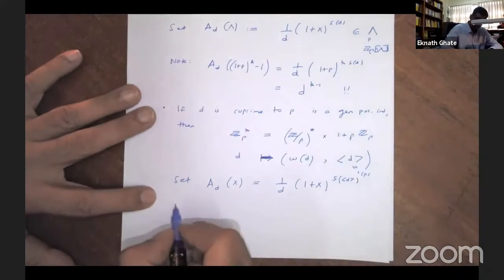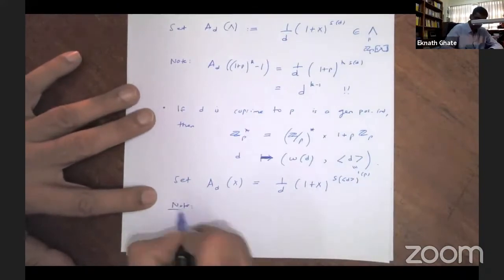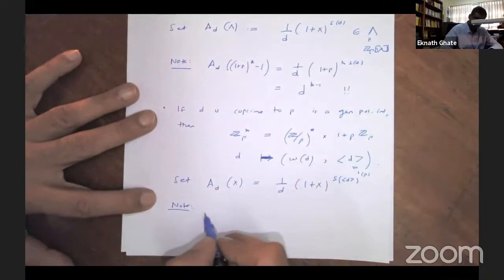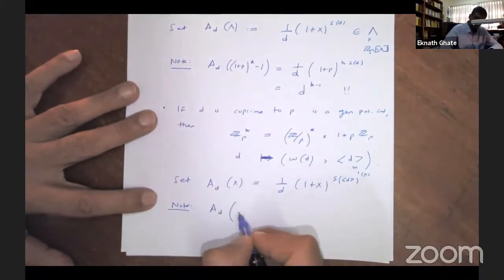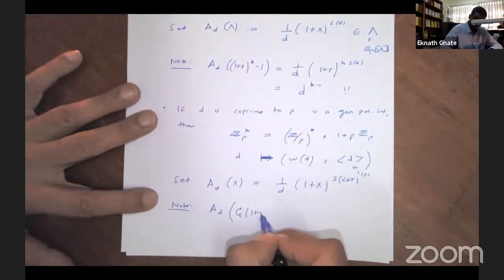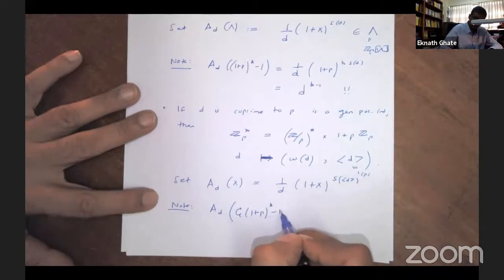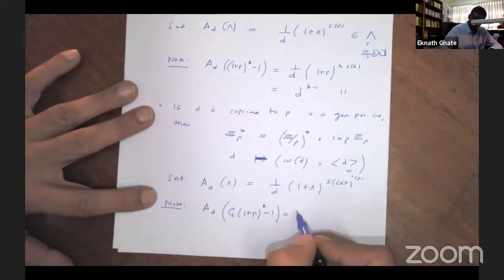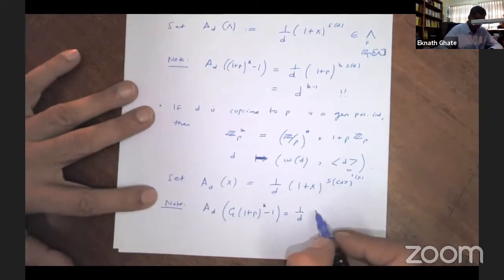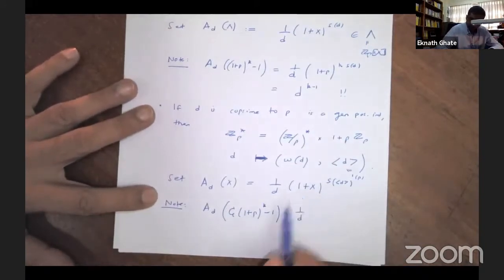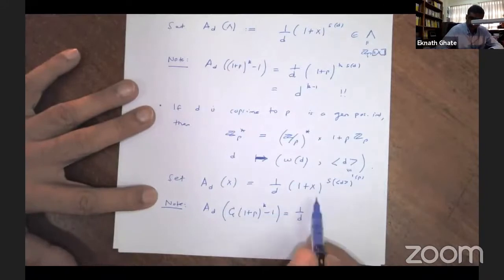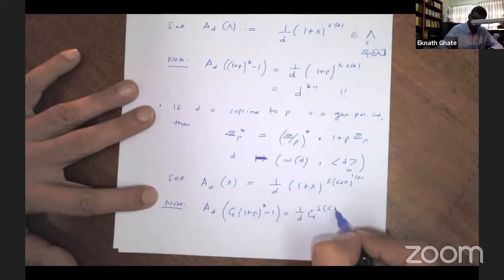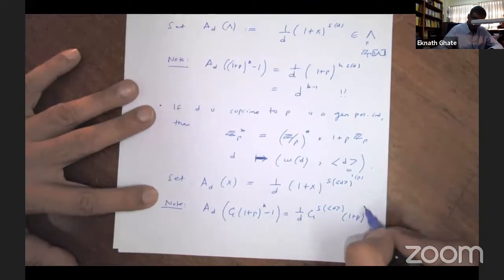But now let us actually do the same computation we did up here and look at what happens under specialization. So if you specialize x at zeta times 1 plus p to the k minus 1, what happens? You get a 1 over d. Now x is this whole thing minus 1, so the ones will cancel, and you will get zeta times 1 plus p to the k, to the s of diamond d.